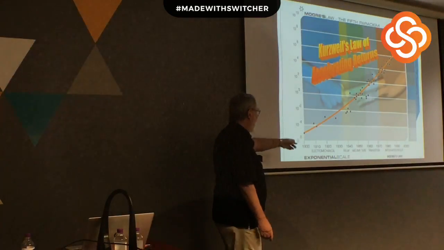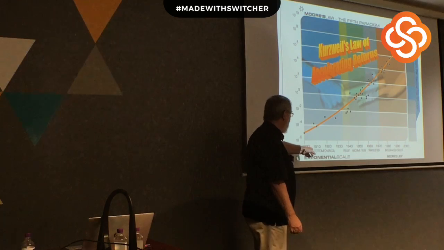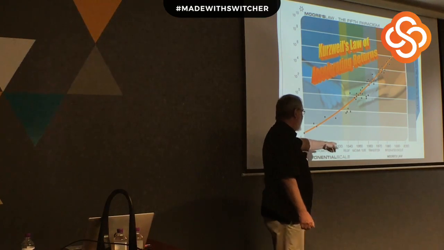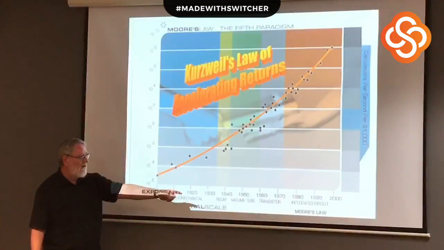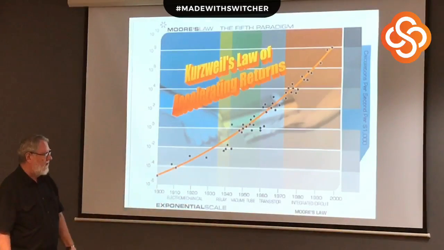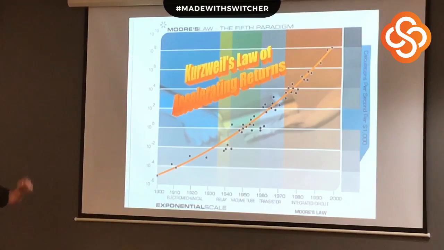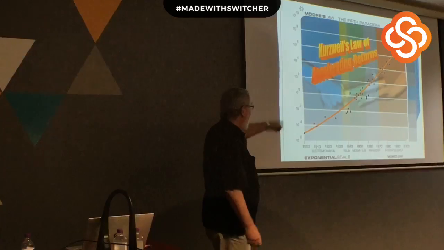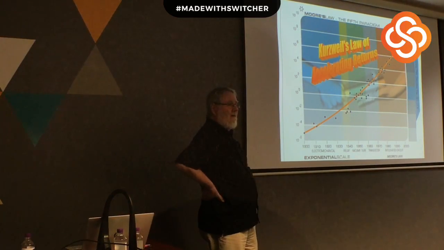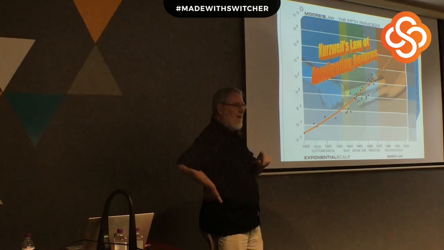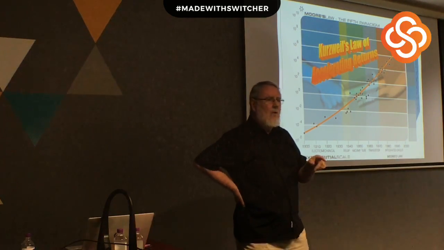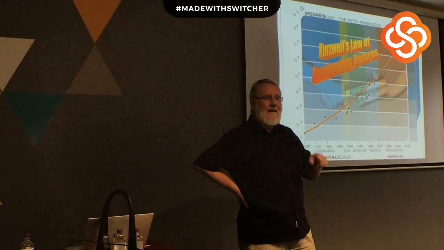And he said, if you look from the very beginnings of the electromechanical era, through relay switches, through vacuum tubes, through transistors, all the way up to integrated circuits, if you put it on an exponential scale, it's a straight line. It was eminently predictable. He predicted in the 1990s that we'd have the first computer with more intelligence than a human being by 2010.